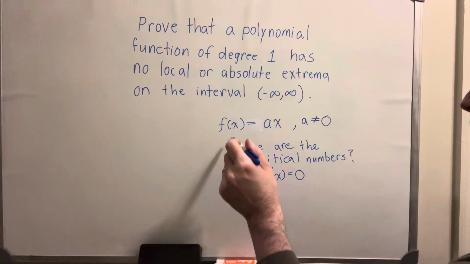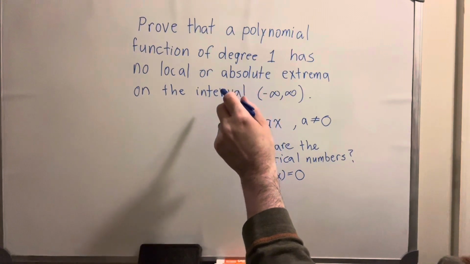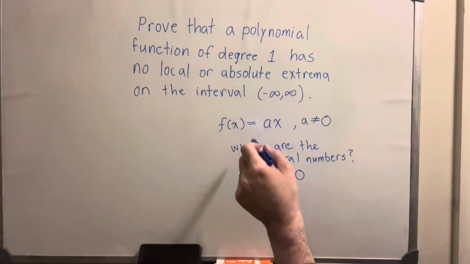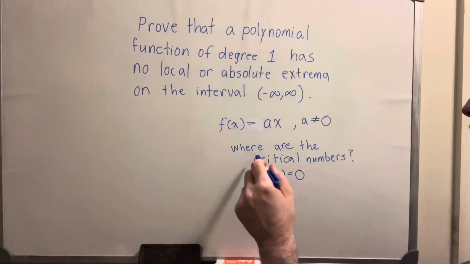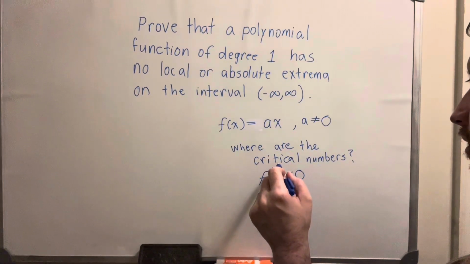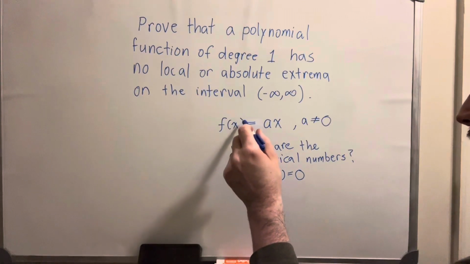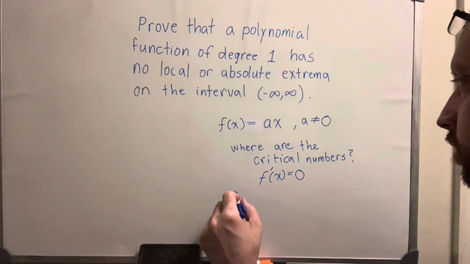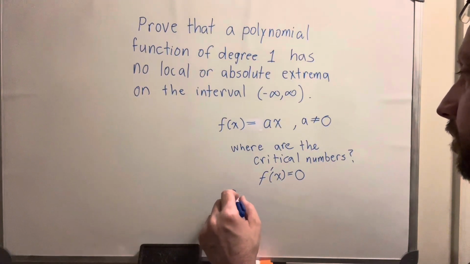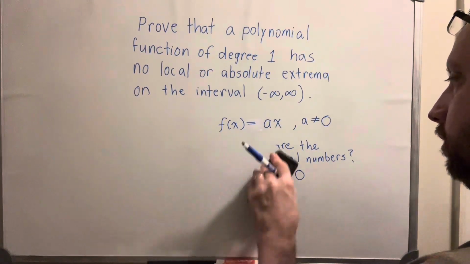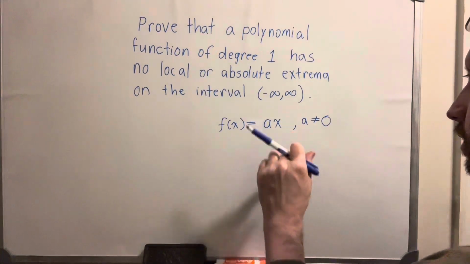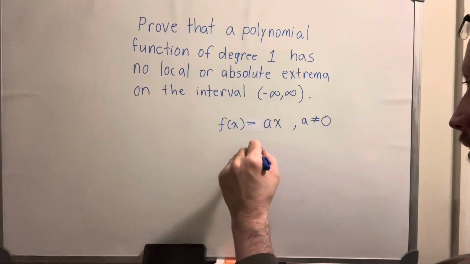to find the absolute extrema on a closed interval, or the local or absolute extrema, we find out where the critical numbers are. We do that by taking the derivative of the original function and setting it equal to 0. Okay, let's take the derivative of the function ax, where a is not equal to 0.